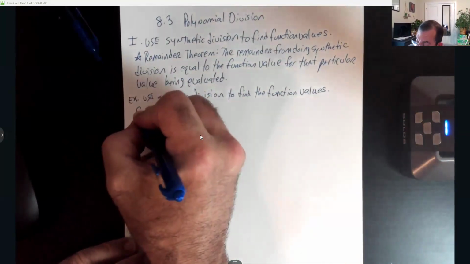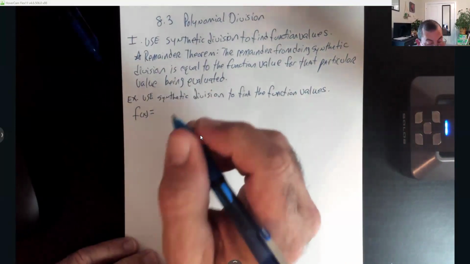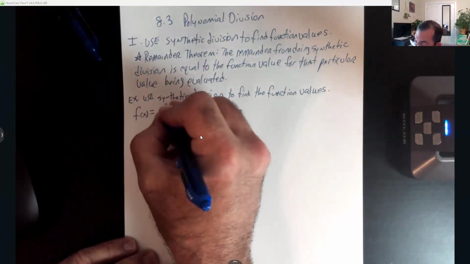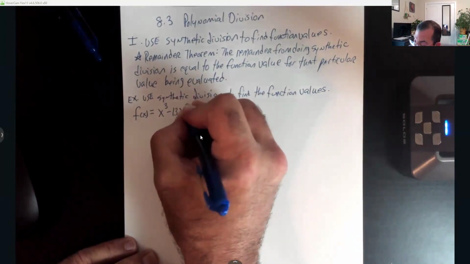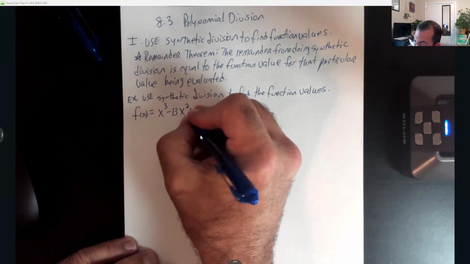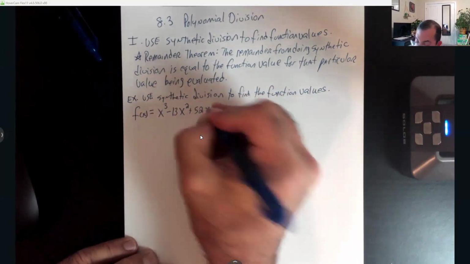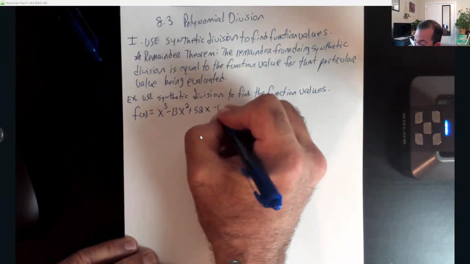So they're giving us f of x equals x to the third minus 13x squared plus 52x minus 60.